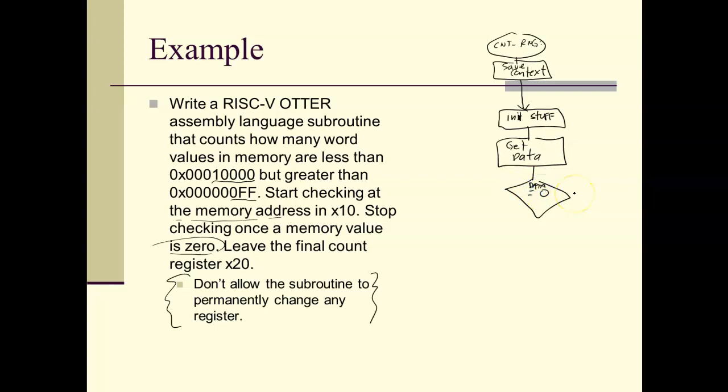Data equals 0. If the data equals 0, that means I am done, and I will come down here somewhere. Restore context and return. I think that will fit in there. I'll just make it RET. Okay, so that is equals 0.